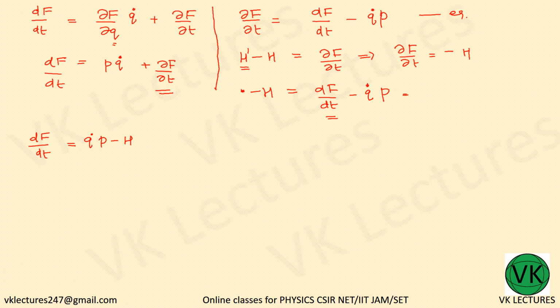Now what about this q dot p minus h? This is nothing but the Lagrangian L. So now we can write df by dt is equal to the Lagrangian L, and f is nothing but the integral of L dt, the Lagrangian L dt from time t1 to t2. So the generating function can also be written as the integral from t1 to t2 of L dt.